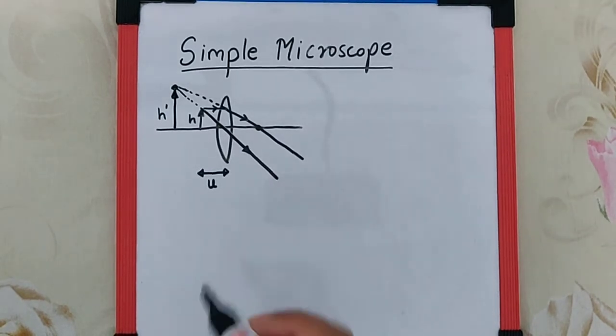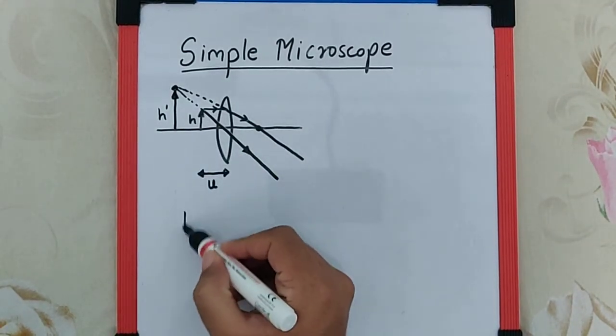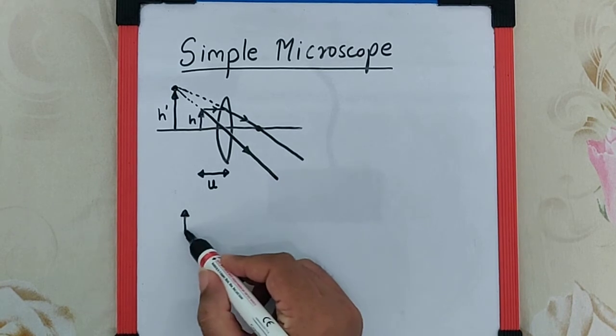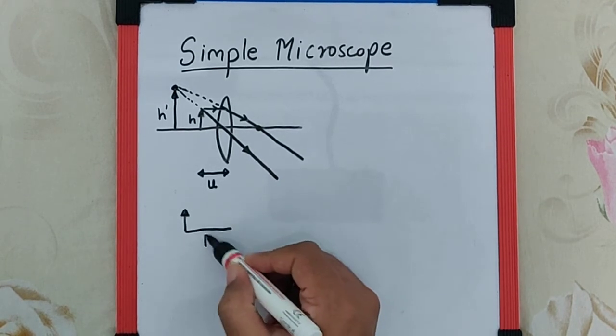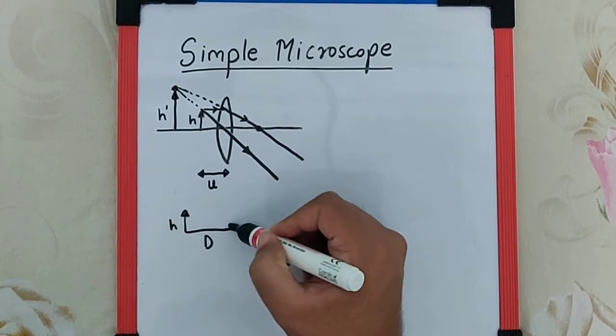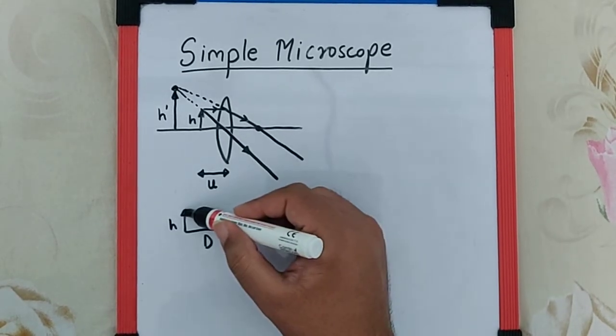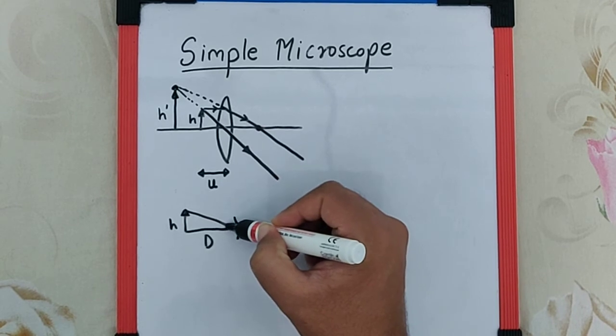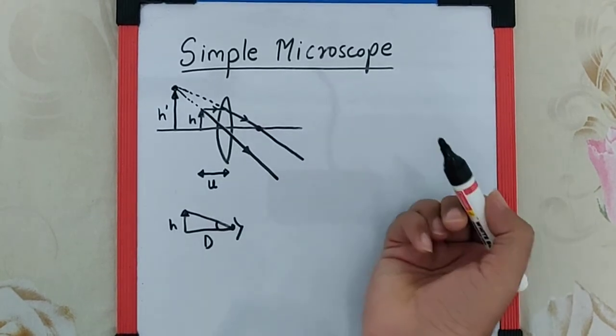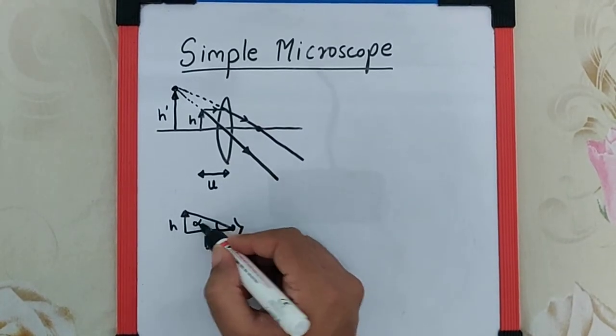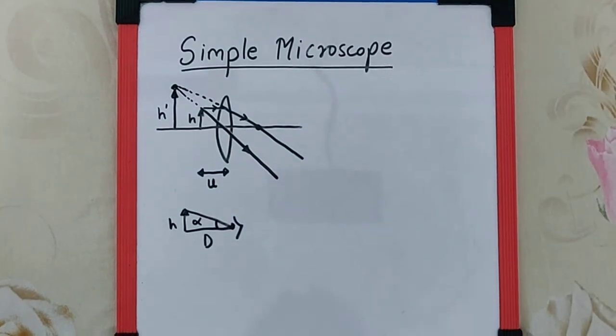Now let's say we had watched this particular object directly, keeping it at distance D, the least distance of distinct vision, without any optical instrument. Can I say the object will subtend some angle at the eye, and that angle will be called alpha, the visual angle.